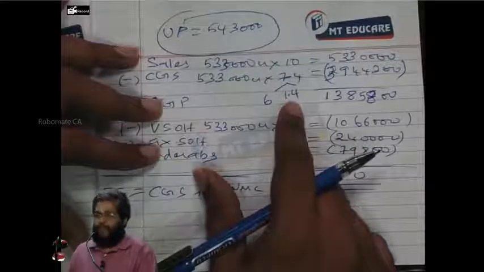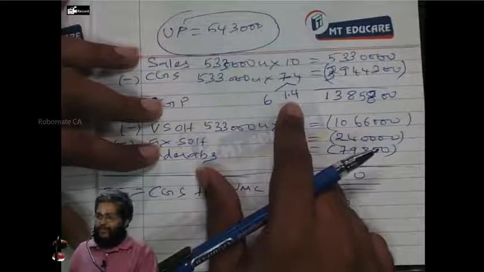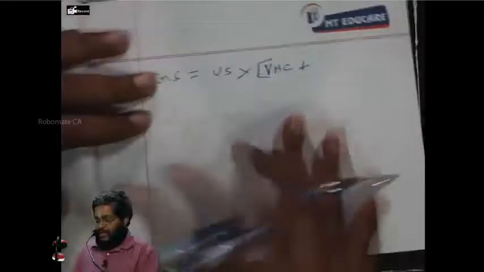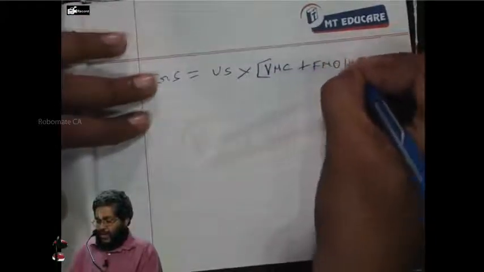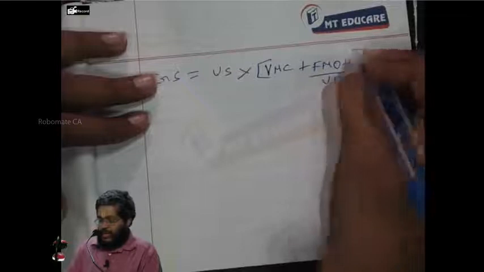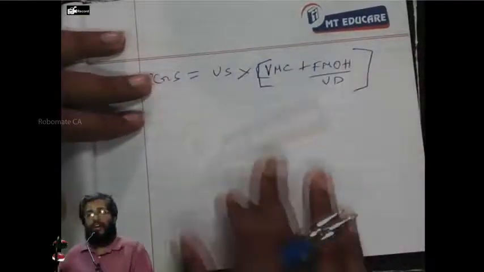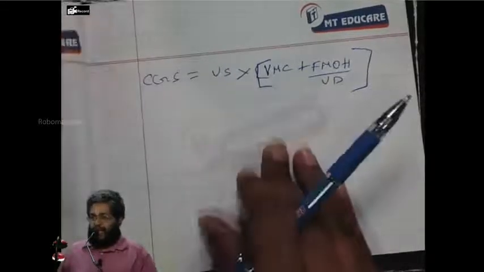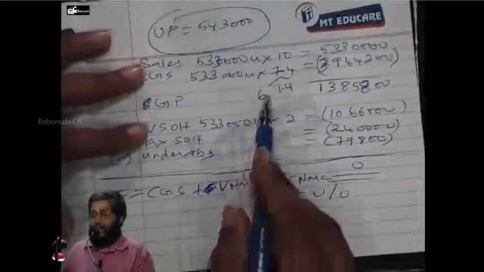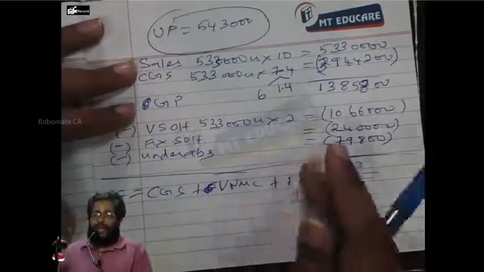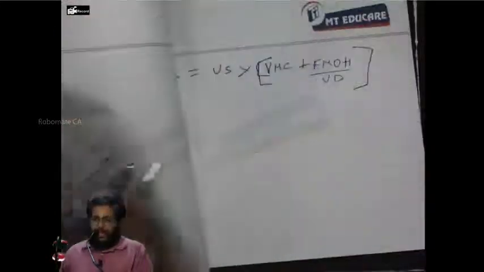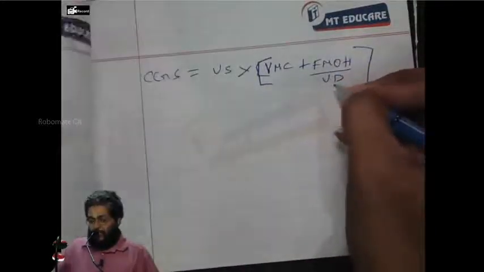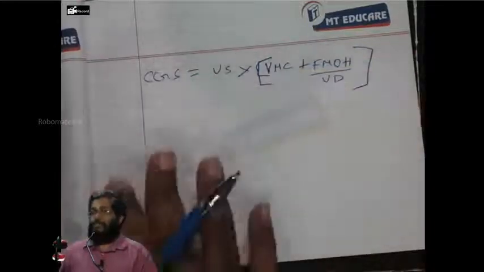It is the budgeted fixed manufacturing overheads divided by the denominator level units, the normal capacity. So units sold into variable manufacturing cost, 6 rupees per unit, plus FMO divided by UD, is going to give you the cost of goods sold. Right or not?